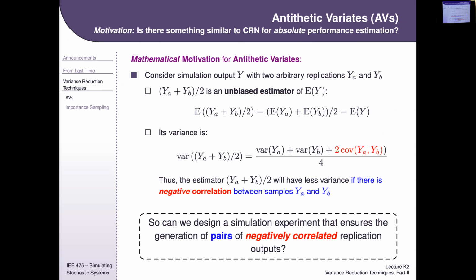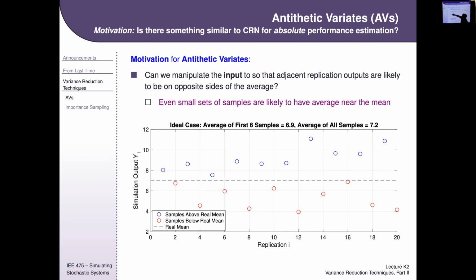So how do we do that? The math here is that for every 2 replications, an odd and an even, 1 and 2, 3 and 4, we're going to take each pair and average it together, and that will become a new replication, the so-called antithetic variate. It is the average of every pair of replications.